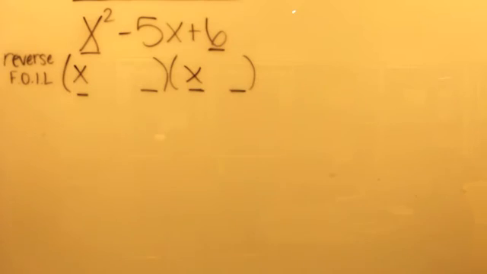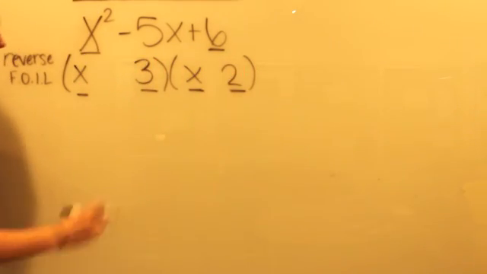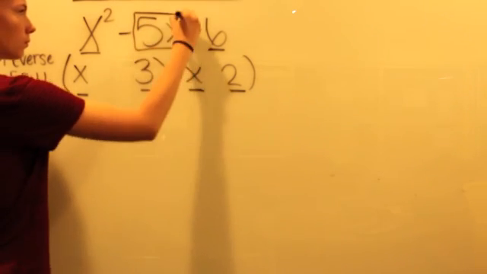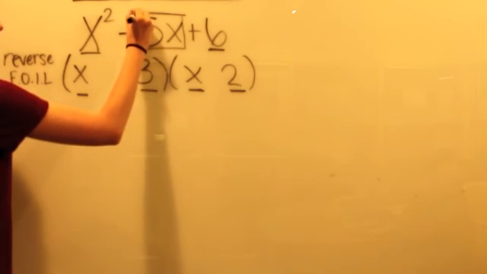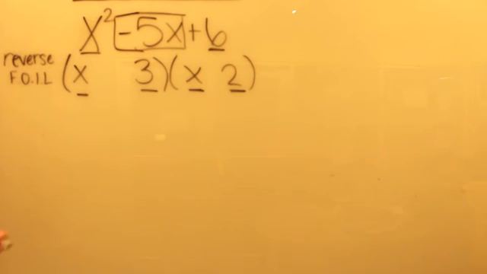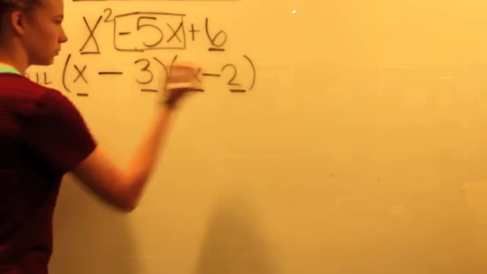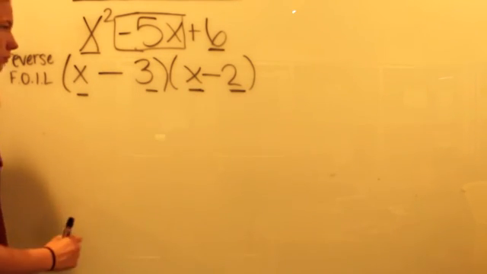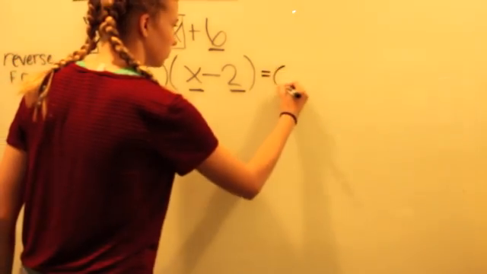So for x squared, the only result is x times x, and let's put in 3 times 2 to find 6. We still have negative 5x. This means that the last two numbers of both parentheses will have to equal that number somehow. So the only way we could get 3 and 2 to equal negative 5x would be making them both negative. Because it doesn't tell us what the equation will equal, we're going to assume it will equal 0.